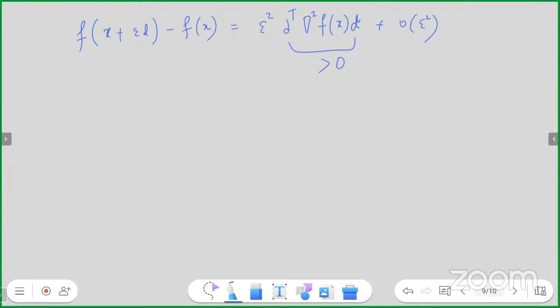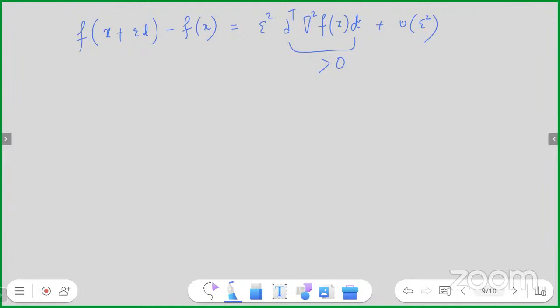This is epsilon square times some positive quantity. Now I am adding order of epsilon square both sides. Positive, negative, order will be negative also, right? And look at the limiting case, it will be greater than or equal to 0. That I am not convinced. Anybody convinced?